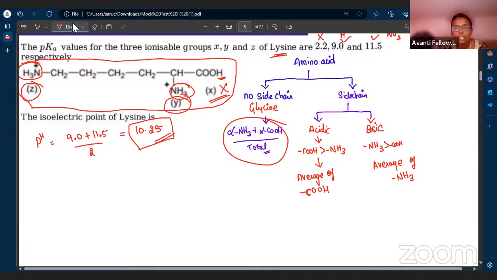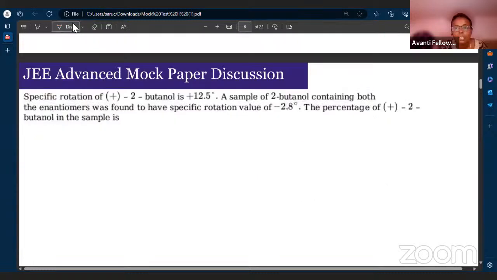A sample of 2-butanol containing both enantiomers, plus and minus, has a specific rotation of minus 2.8 degree. You have to calculate the percentage of plus butanol in the sample.